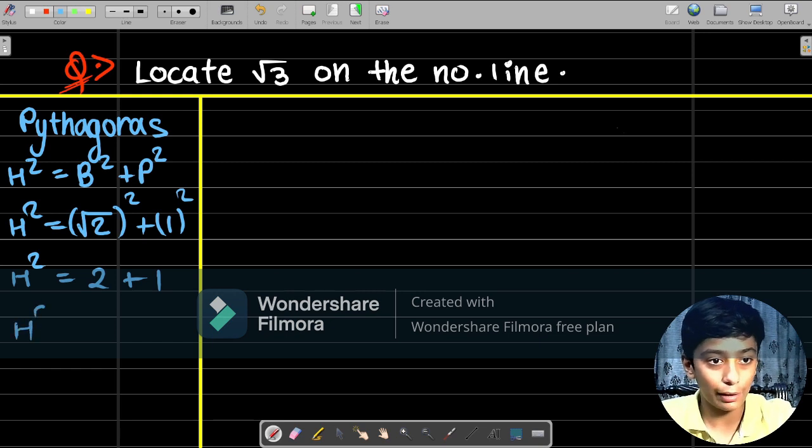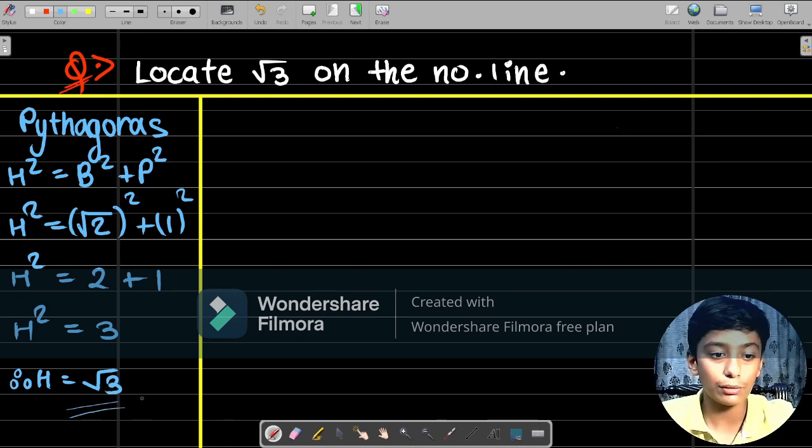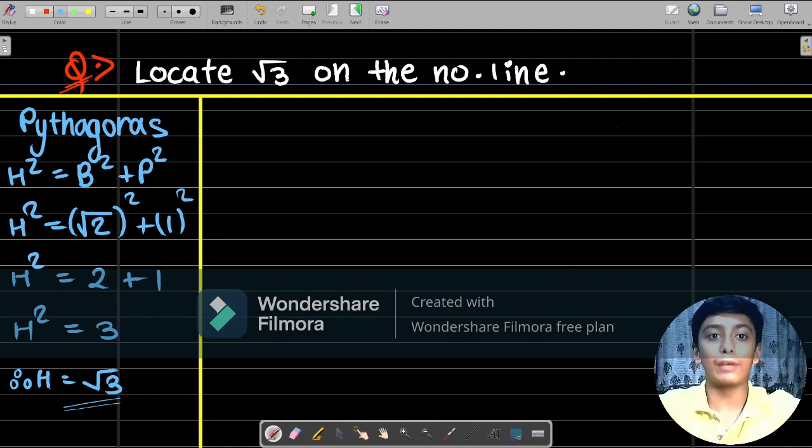So h square is equal to 3, right? Therefore h is equal to root 3. So we got the answer over here. h is equal to root 3. For this we have to put values root 2 and 1.